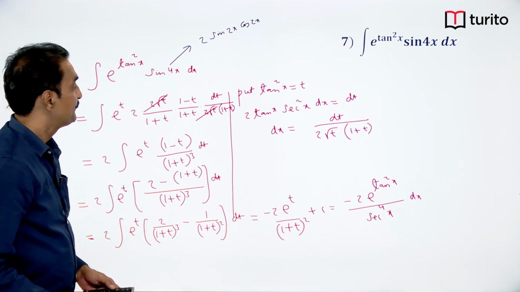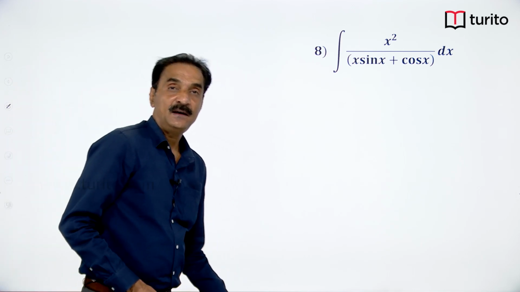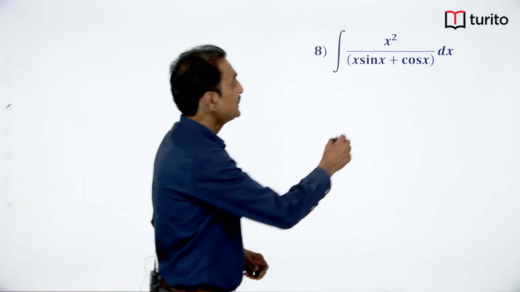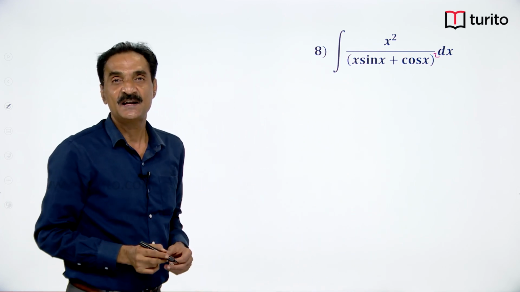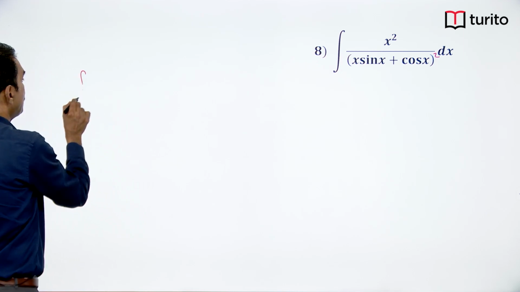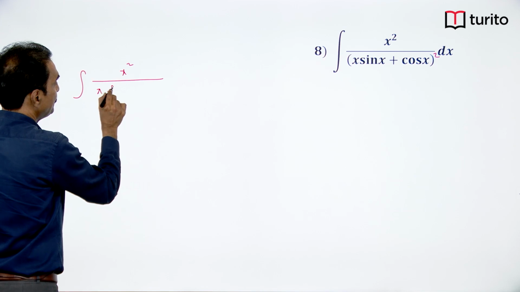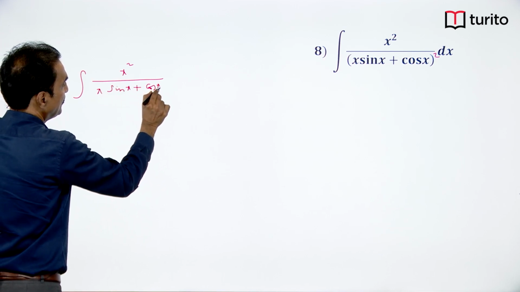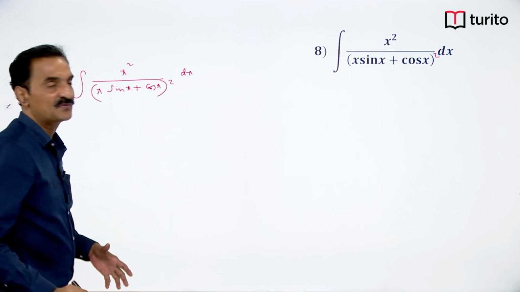Next question is integral x square by x sin x plus cos x whole square. Square is missing there. Integral x square by x sin x plus cos x whole square.